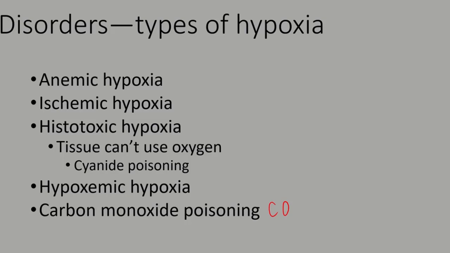But worse than that, it's a pretty much irreversible bind. When carbon monoxide binds to hemoglobin, it stays bound to hemoglobin. And that means eventually all of the hemoglobin will have carbon monoxide bound to it, and oxygen cannot bind. And that's how carbon monoxide kills.